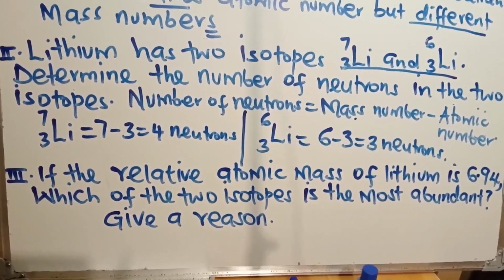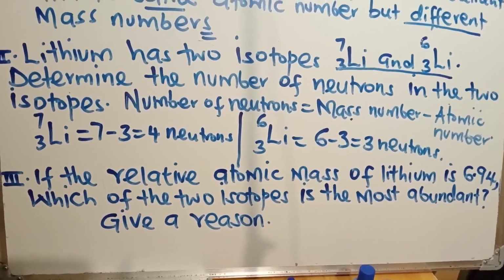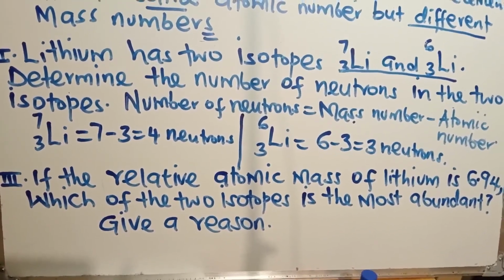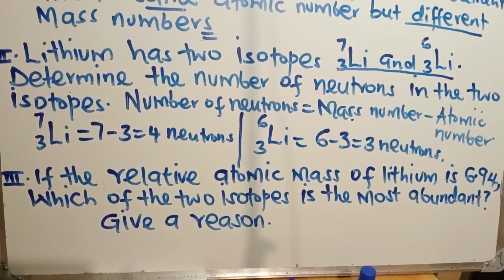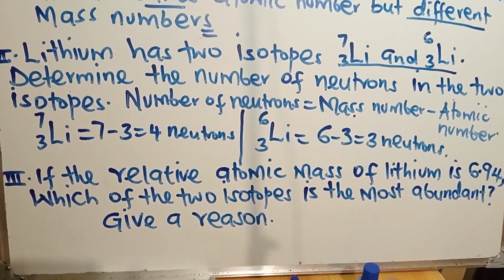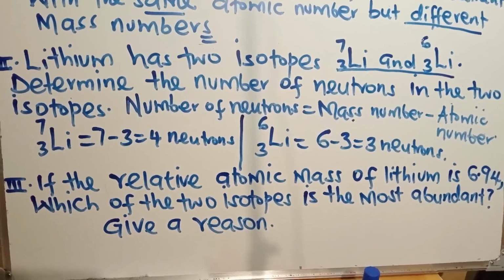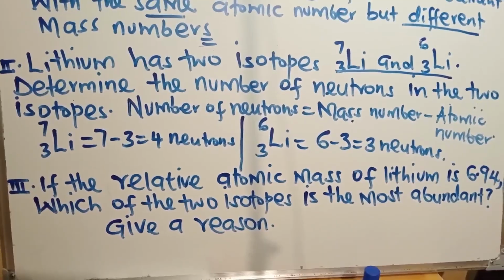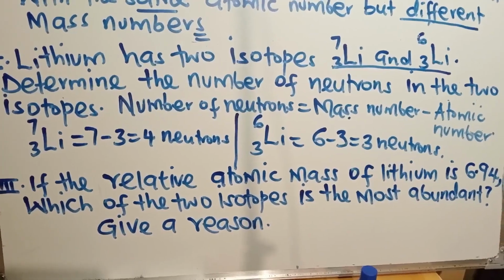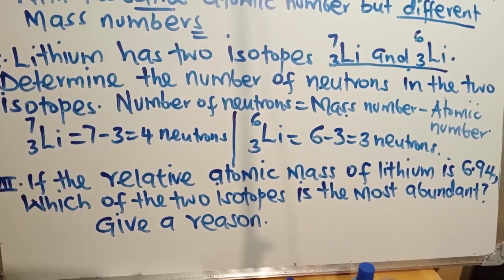So when you check on the relative atomic mass, which is 6.94, for you to determine which of the two isotopes, either lithium-7 or lithium-6, is the most abundant, that is found in a bigger percentage, you compare the relative atomic mass with the mass numbers, and then you confirm which of the mass numbers is near the value for the relative atomic mass.